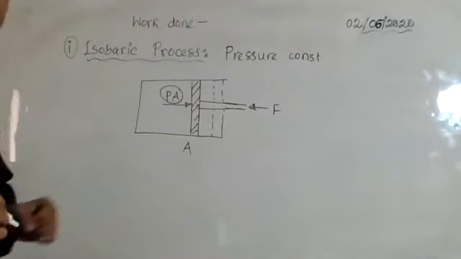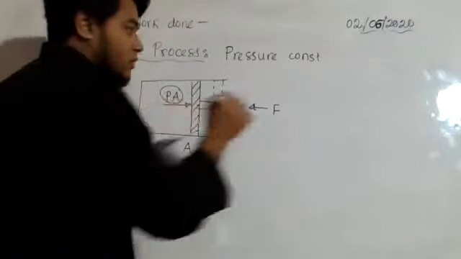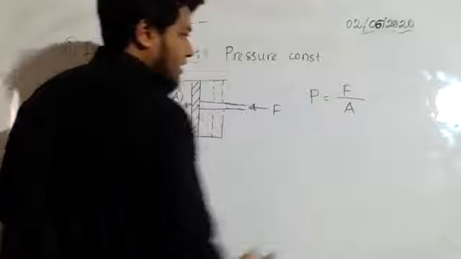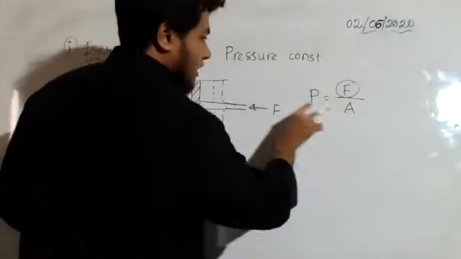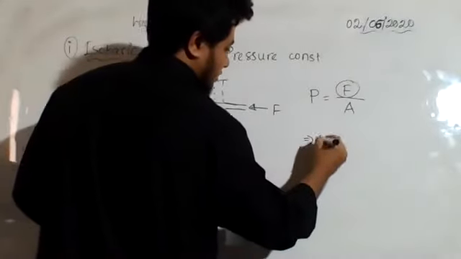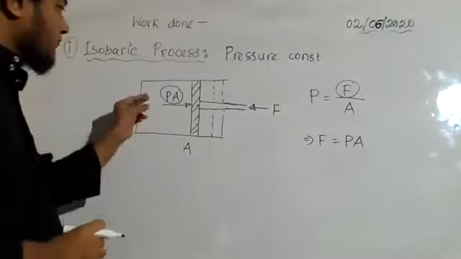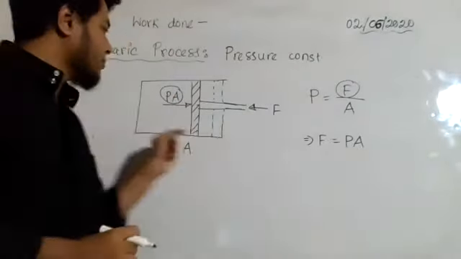Already in grade 9 or 10, we studied that pressure is force per unit area, that is, pressure P equals F by A. Now, if I want to find the force, I just cross multiply. So F will be equal to P into A. So the force being applied here is F, which is equal to PA.